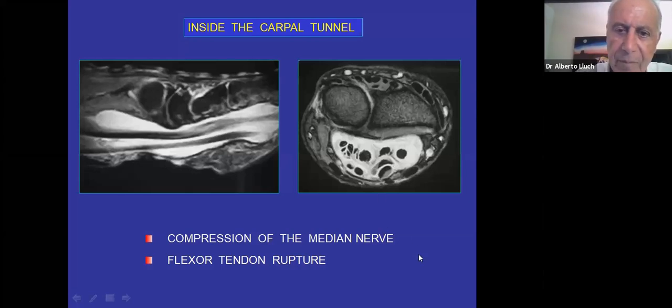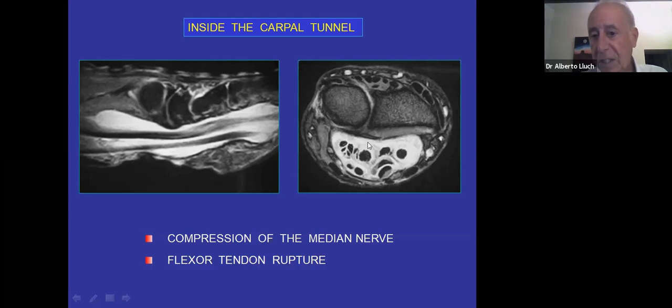And the other thing that we can have is a flexor tendon rupture. And the flexor tendon rupture is not from synovitis. Most of the time it's usually from the scaphoid. The distal end of the scaphoid dislocates, flexes, and wraps, causing friction with the flexor pollicis longus, which is the tendon that most commonly ruptures in rheumatoid arthritis, this tendon right here, but not from the synovitis.